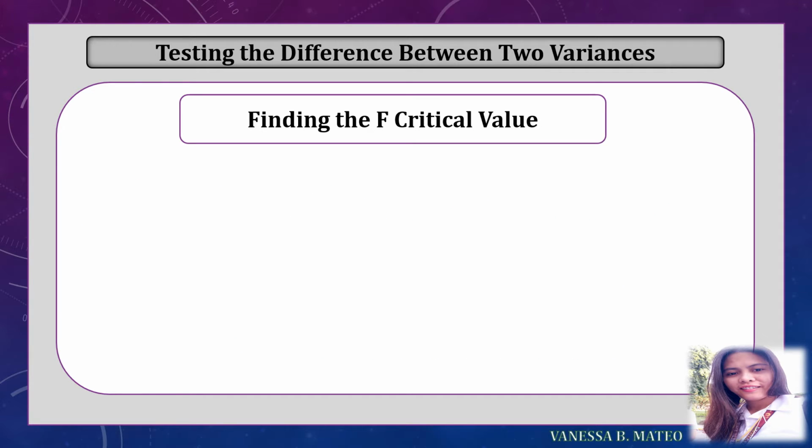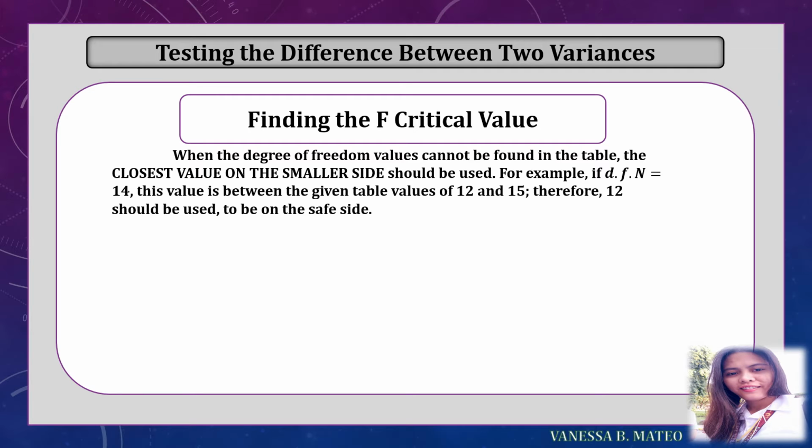When the degrees of freedom values cannot be found in the table, the closest value on the smaller side should be used. So for example, if DFN is equal to 14 and this value is between the given table values of 12 and 15, we would use column 12 of the table.